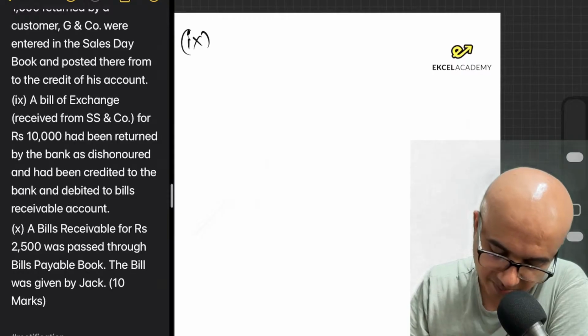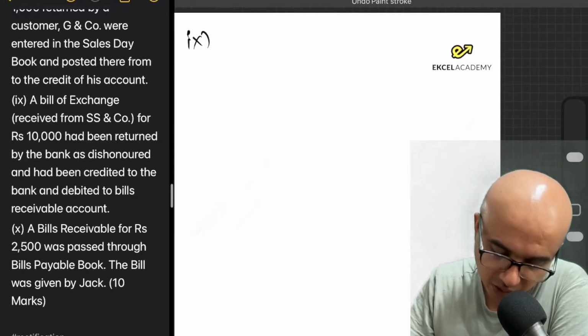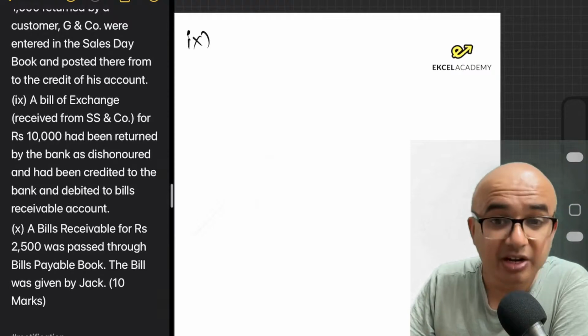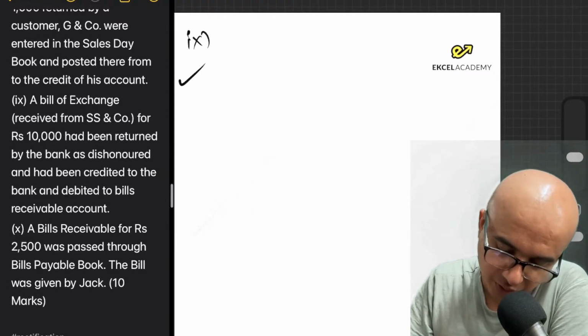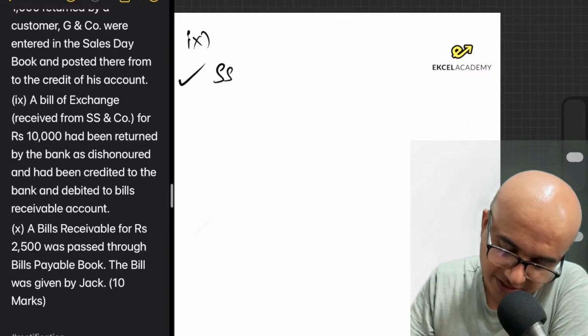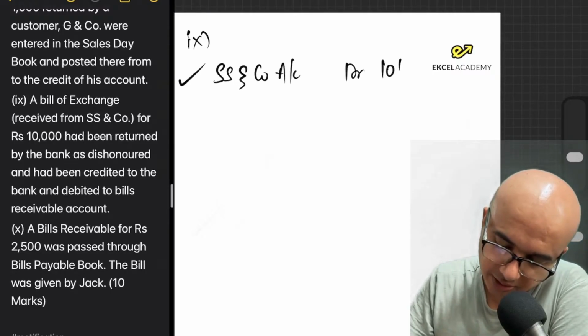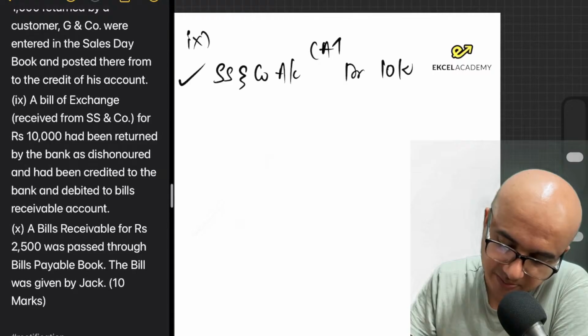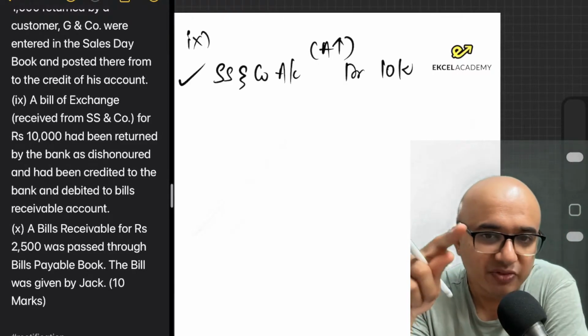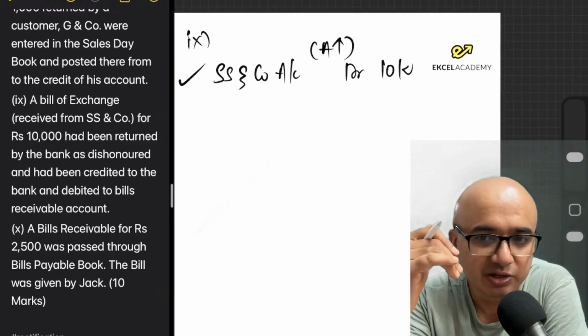the entries. So when a bill of exchange has been returned, what have they done? Credited to bank and debited to bills receivable. The correct entry should have been SS and Co account debit 10,000, increase in asset. See, when we received a bill from SS and Co, we would have reduced their asset.